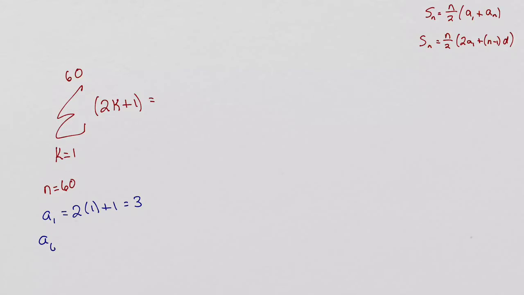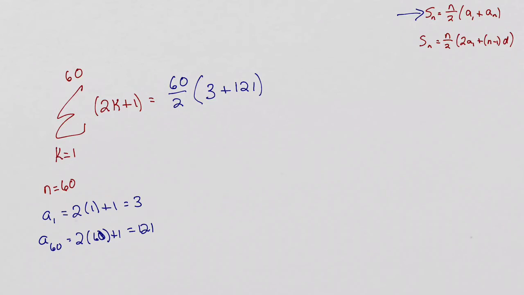And my a sub 60, my last term, would be 2 times 60 plus 1, which is 121. So I'm going to use this formula right here. My n is 60, so I'm just going to plug it in. I'm going to do 60 divided by 2 times 3 plus 121, which is my a sub 60.